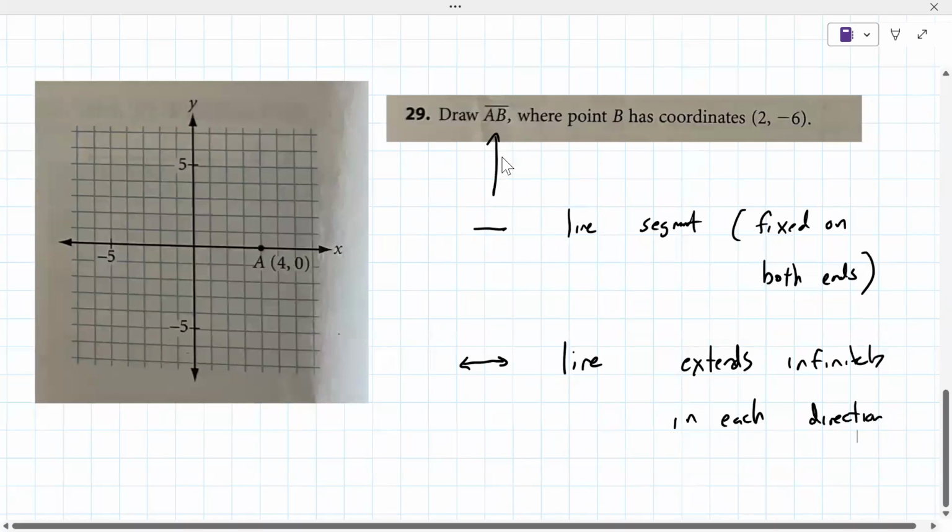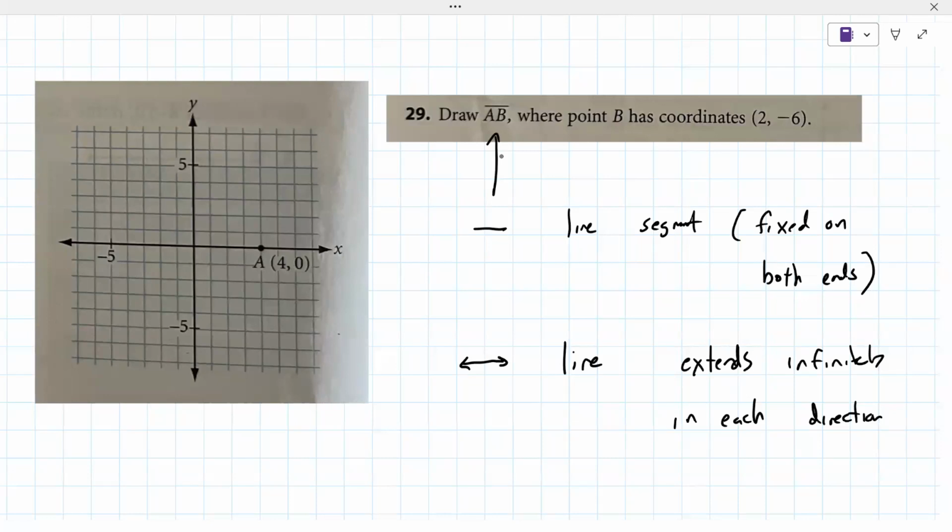And that's important here. So when you draw B at -6 and you connect A to B, it stops. There are no arrows on each side. So you have to be really careful that you draw the right thing. If you extend this, that's wrong.